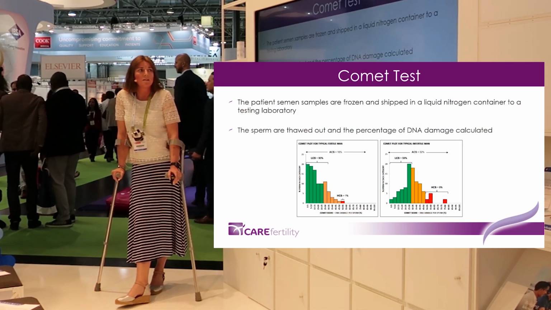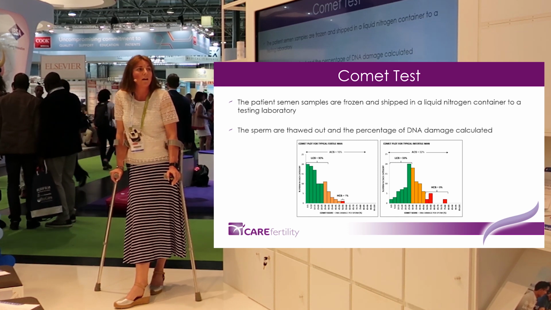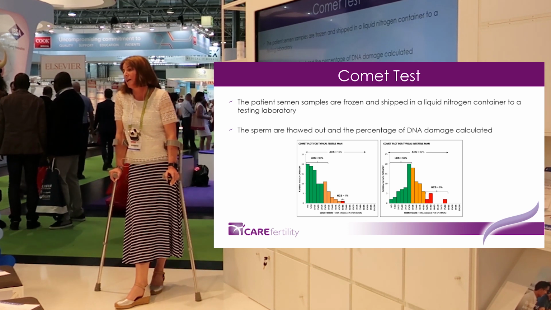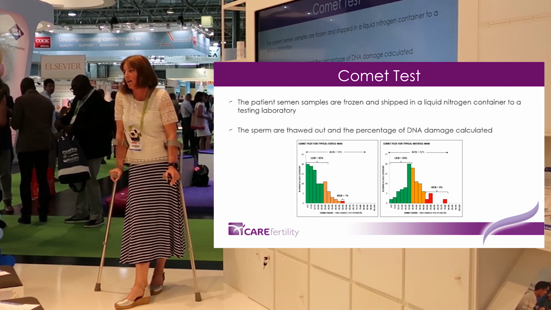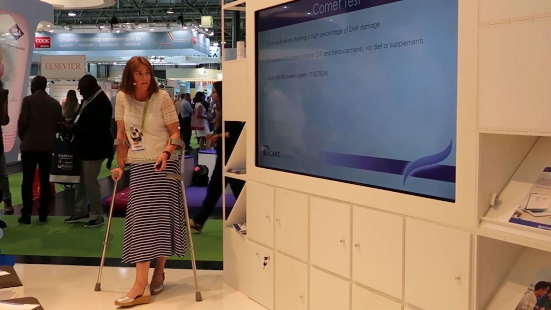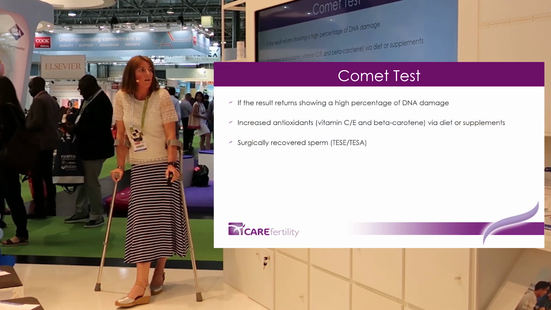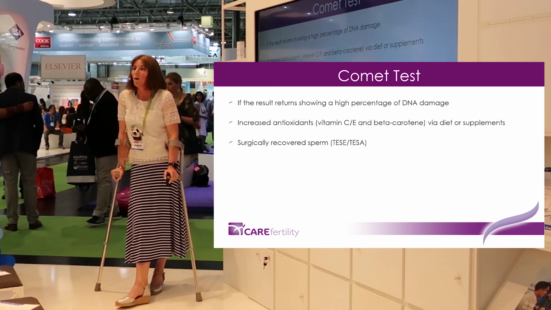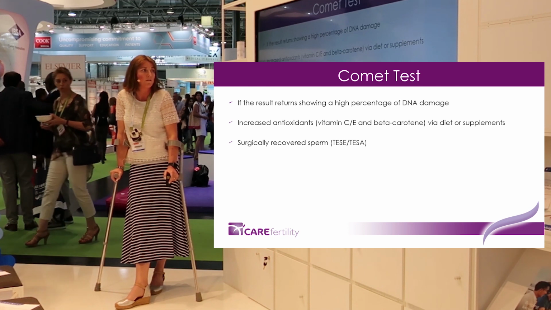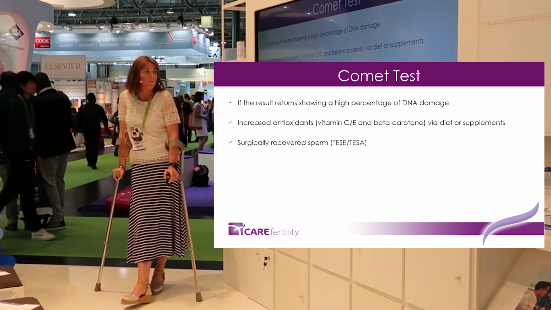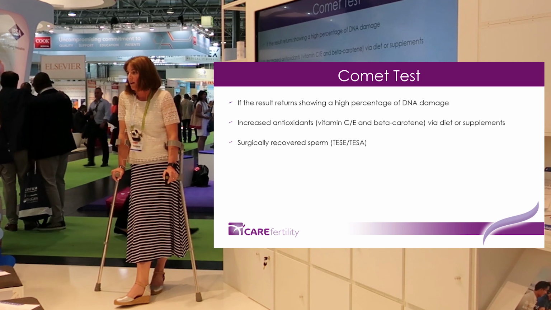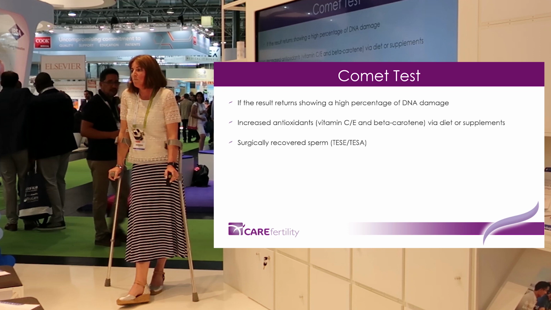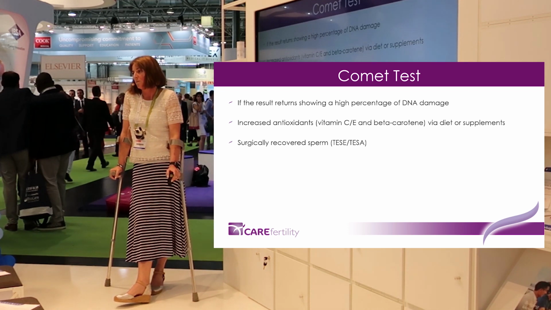The semen samples are frozen and sent in liquid nitrogen to a testing laboratory, and they're thawed out, and we get a report about the percentage of DNA damage, which they calculate. If the results show a high percentage of DNA damage, we can offer the patients a course of at least 3 months of increased antioxidants to decrease the reactive oxygen species, either via diet or mainly supplements.